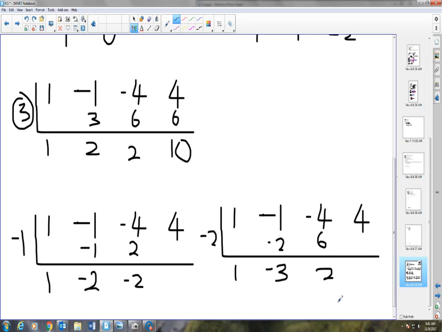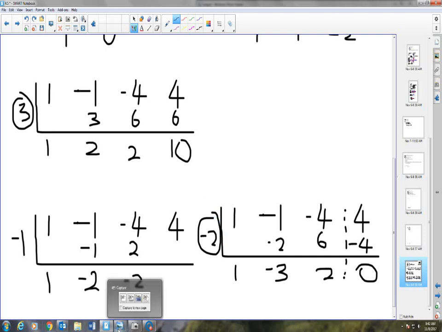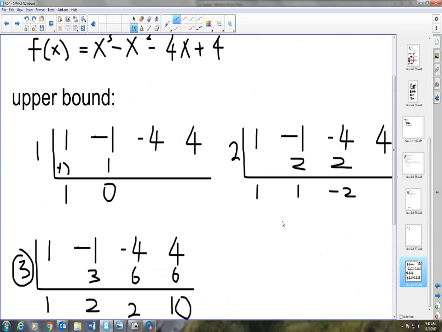If I multiply here, that's going to give me a negative 4. If I add them up, that's a 0. 0 counts as positive or negative. So positive, negative, positive, negative. When the signs alternate, then that can be my greatest lower bound.